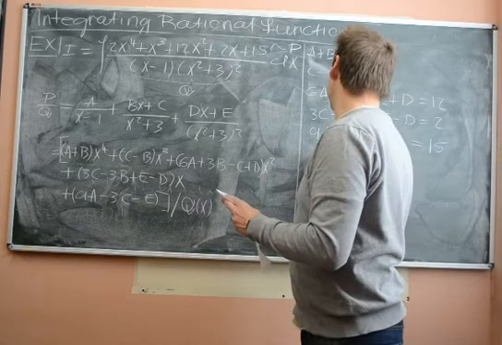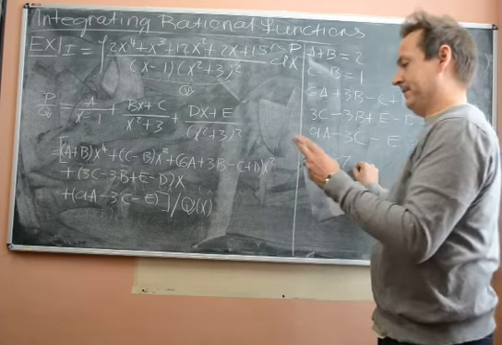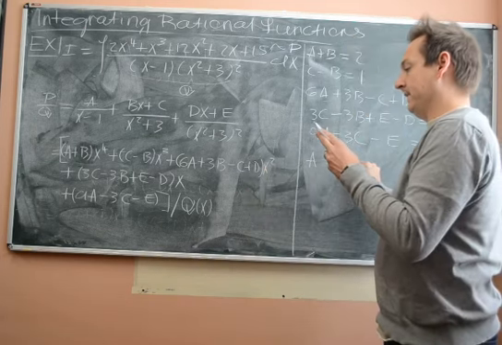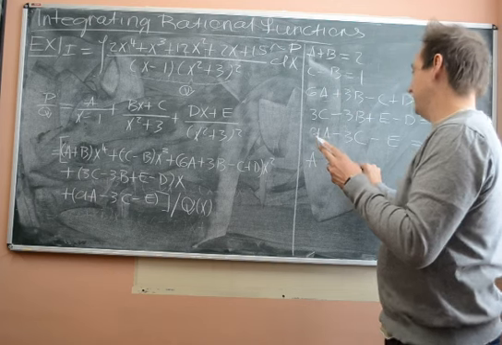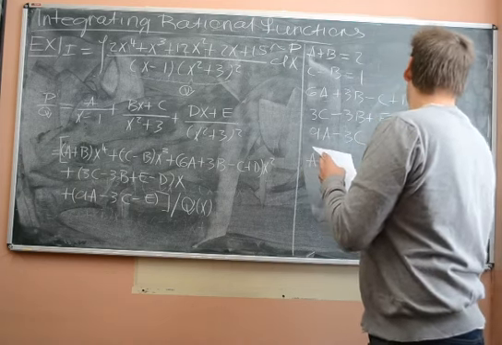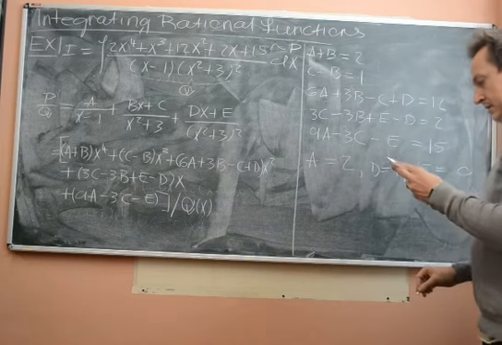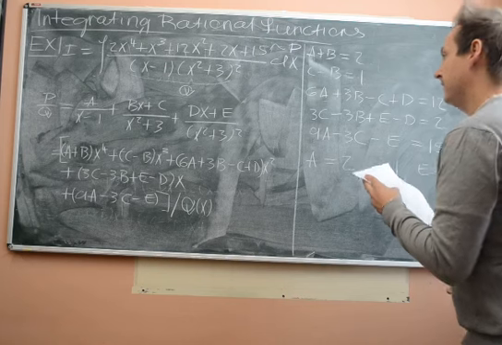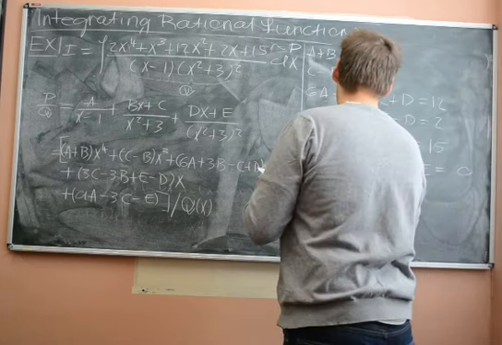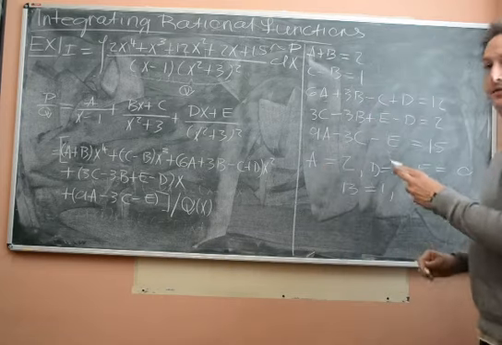If you solve these, we get a equals 2, d equals 1, e equals 0, and lastly we get b equals 1, c is also 0.